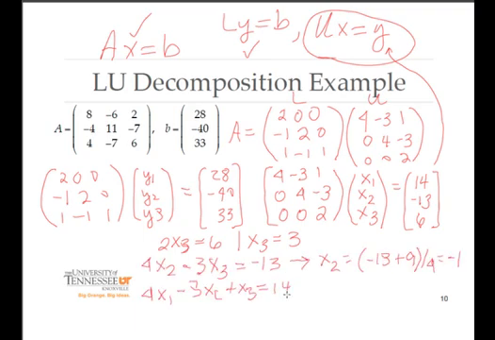And again, we already know what x2 and x3 are at this point. So if we substitute those in, then divide through by 4, we're going to have that x1 is equal to, in parentheses, 14 minus 3 minus another 3, quantity divided by 4.